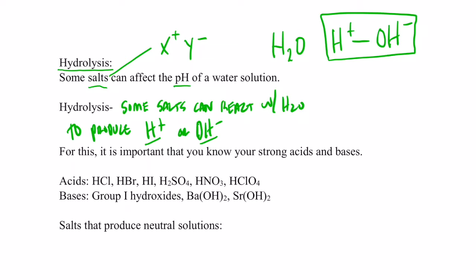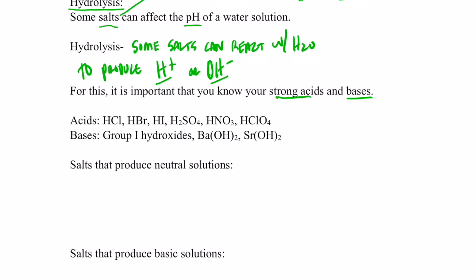Now, for you to completely understand this, I'm going to ask you again to memorize your strong acids and strong bases. A couple of weeks ago, for a different part of this unit, I asked you to learn your strong acids and bases. Many of you, it's my guess, haven't done so yet. So please learn your strong acids and bases. They're listed here in your notes again. I'm going to put a little star by them again.